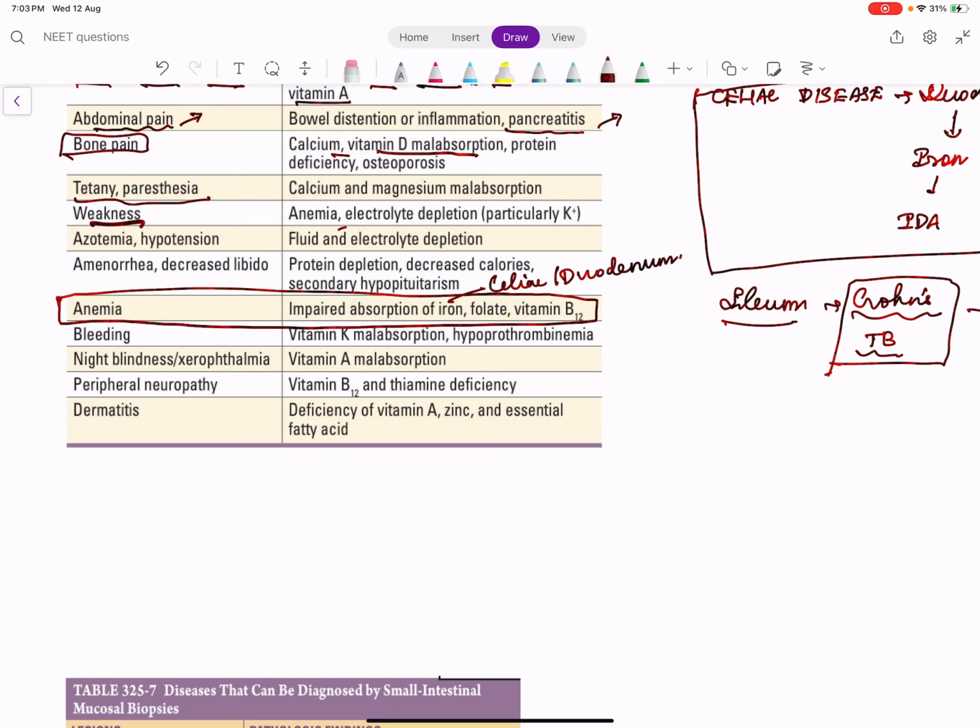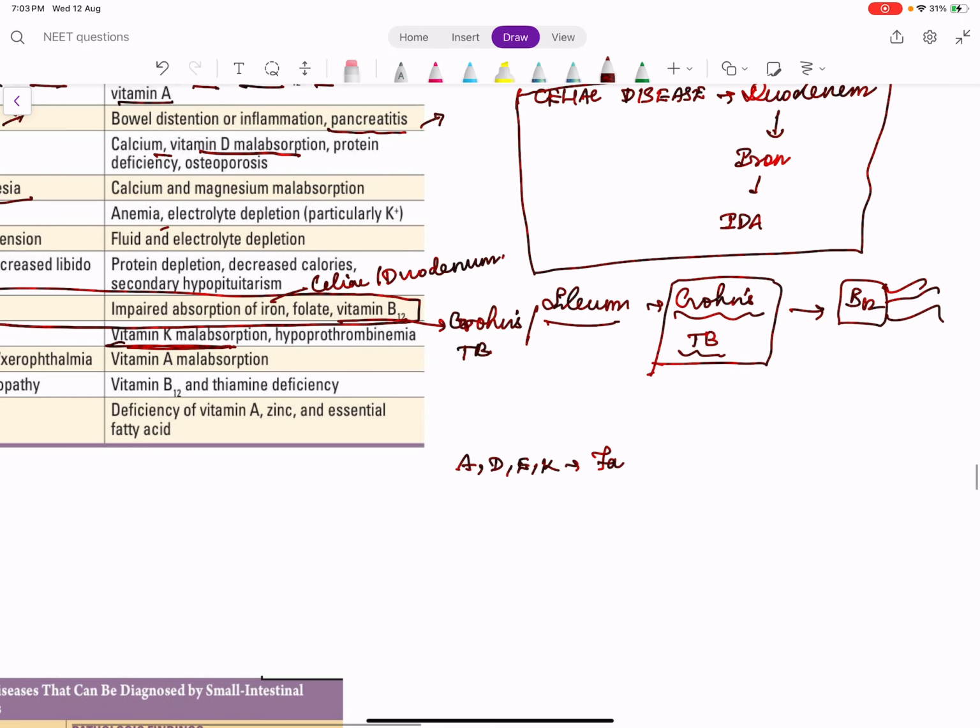Celiac disease usually affects the duodenum. If there is anemia with B12 features, think of Crohn's disease, which is a type of IBD, or tuberculosis. If there is bleeding, think of vitamin K malabsorption. Remember, vitamins A, D, E and K are fat-soluble vitamins.